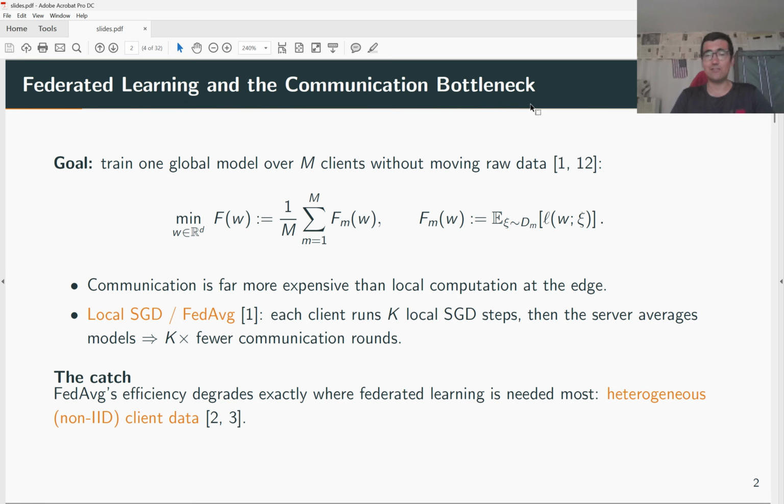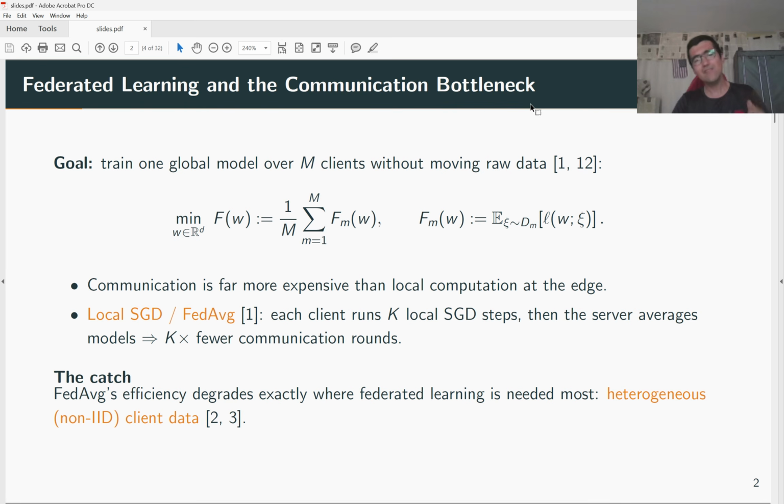The classic answer is local stochastic gradient descent, better known as FedAvg, federated averaging. Instead of synchronizing after every gradient step, each client runs K local steps, and only then does the server average the models. That immediately buys you a factor of K fewer communication rounds.